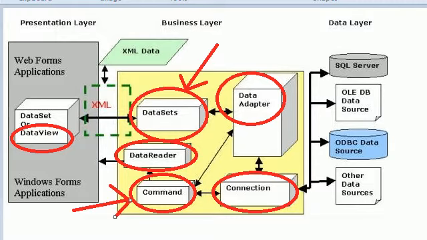The most used one is the execute non-query. With this command we execute a query, such as SQL or a stored procedure, and we return the number of affected rows.